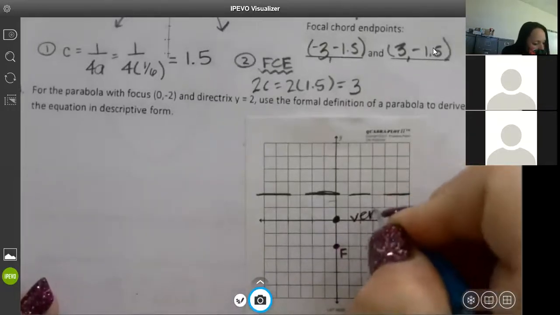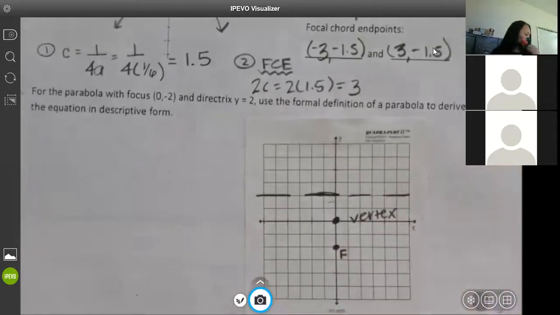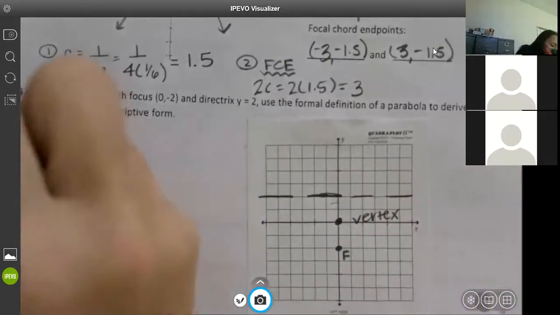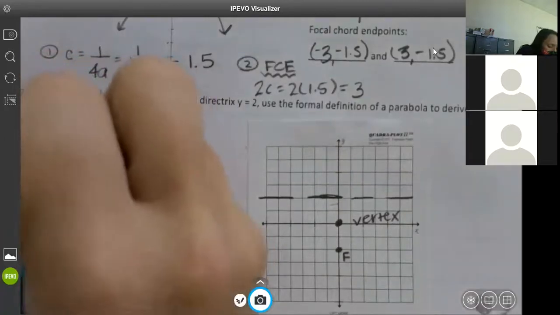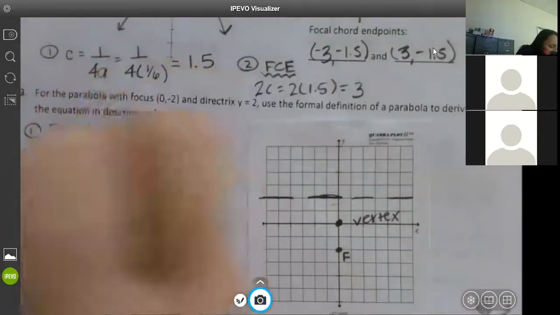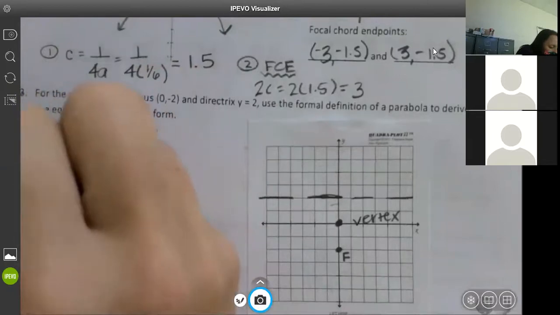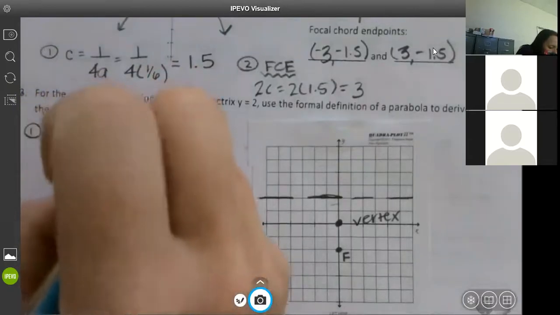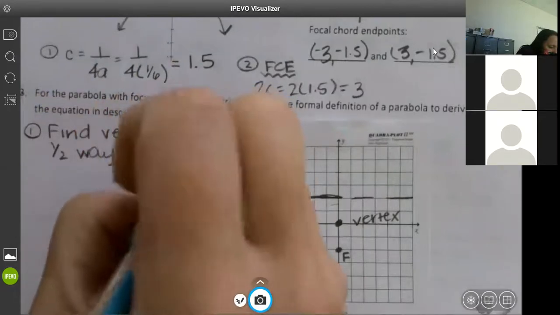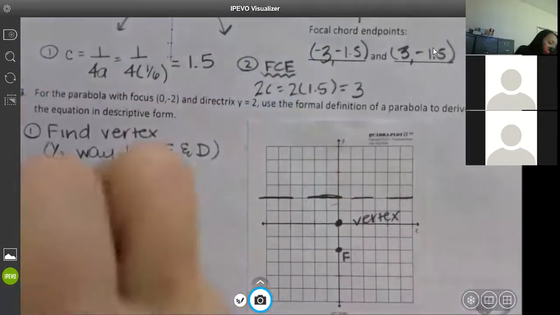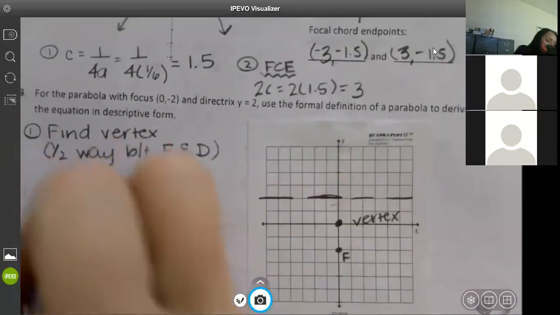So remember that your vertex falls exactly in the middle. So the first thing that we do is find our vertex. Remember, it's halfway between focus and directrix. And we found out that it was 0, 0.